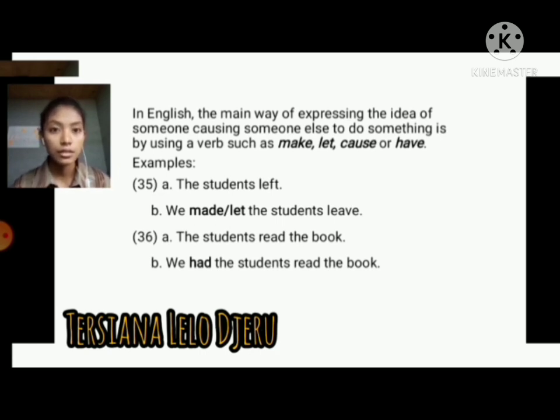We can see the B examples in each case are causative constructions, because in those sentences there are the verbs made, let, and had.